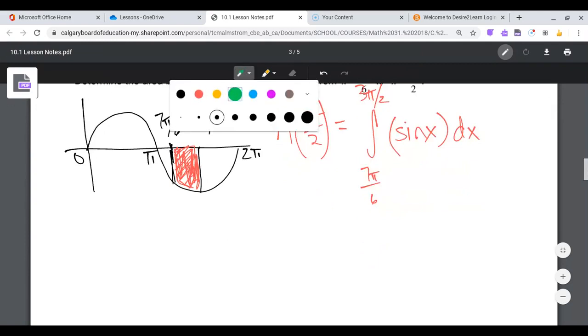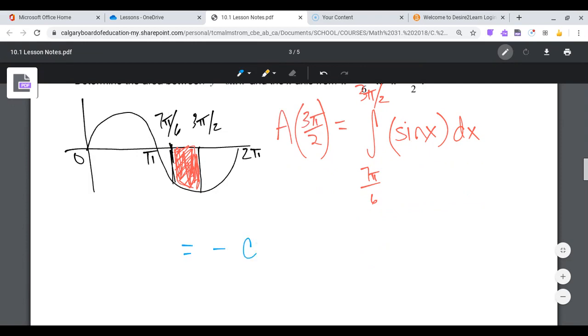Hopefully you do. So the antiderivative of sine is negative cos x, and we're going to evaluate that from 7π/6 to 3π/2.